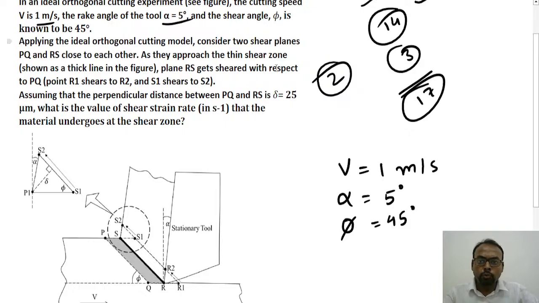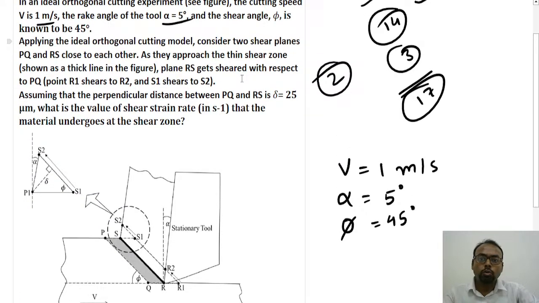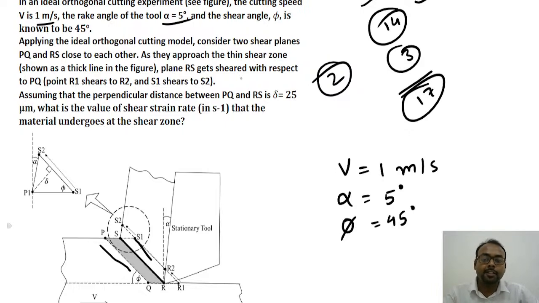So basically here you have to go for the figure. Applying the ideal orthogonal cutting operation, consider two shear planes, this is your PQ plane and this is your RS plane, close to each other. As they approach the thin shear zone, plane RS gets sheared with respect to PQ. So basically, with the help of this tool, we are shearing this RS plane with respect to the PQ plane.